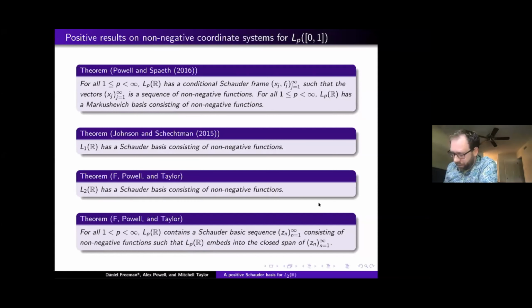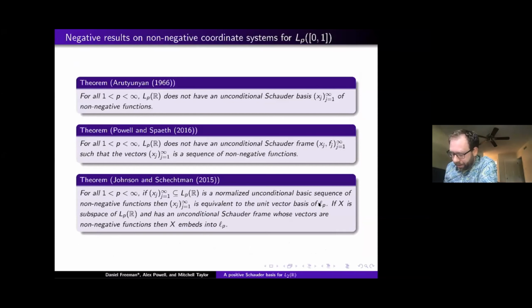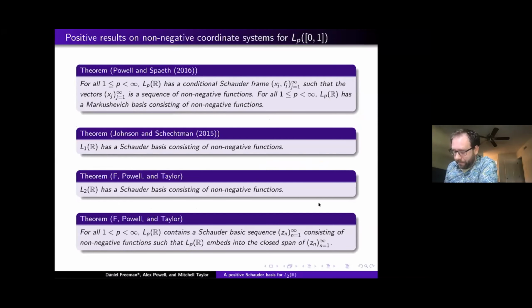So just to recall, Johnson and Schechtman proved that if you have an unconditional basic sequence, then it's equivalent to little LP. And so for any P, you can find a conditional basic sequence so that the whole space embeds into the span.